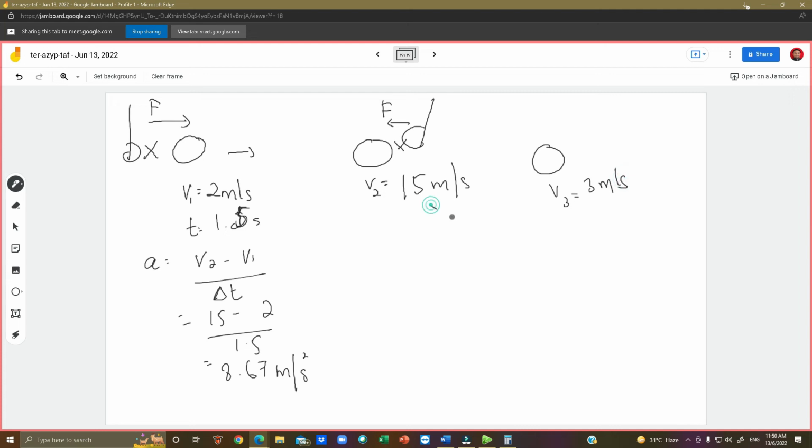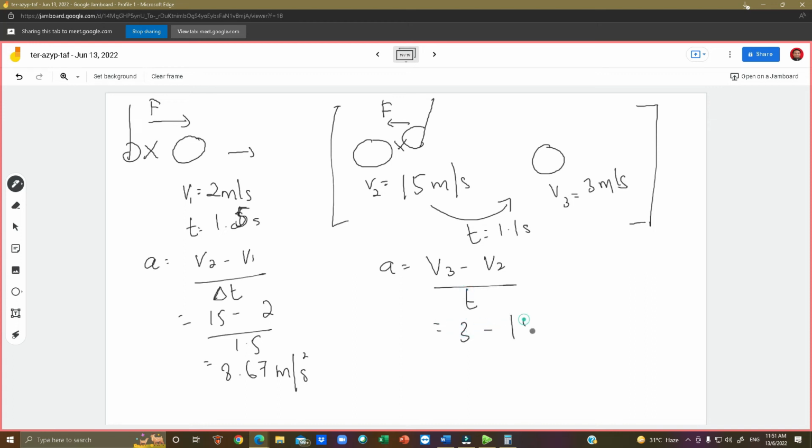Okay, and this change occurs in 1.1 second. So now let's find out what is the new acceleration for this ball. So we have acceleration equals to V3 minus V2. Dia always yang depan minus yang belakang. Over T. So it is 3 minus 15 over 1.1.